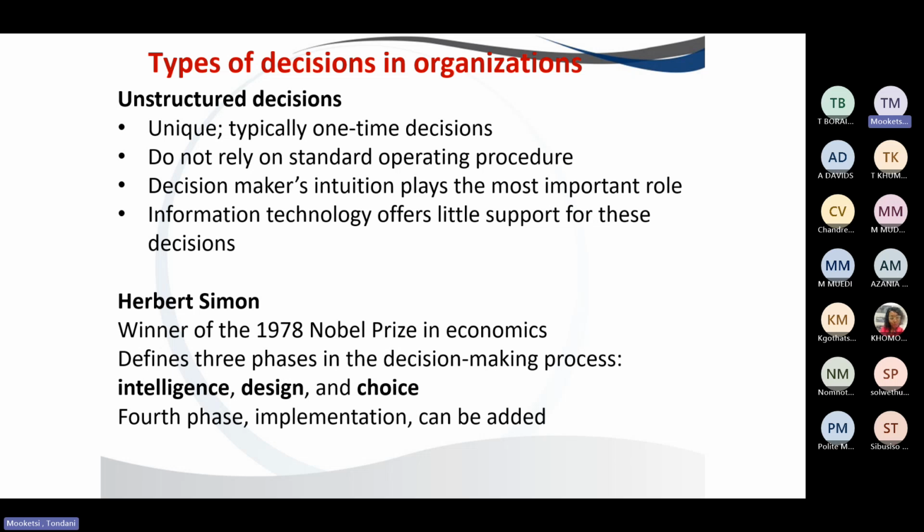So those types of decisions are unstructured, and they take a lot of human judgment. This is not something that you can use AI to make such decisions. Decisions that are made at strategic level in the organizations, those are unstructured decisions and depend mainly on the data that is provided by the management information system.